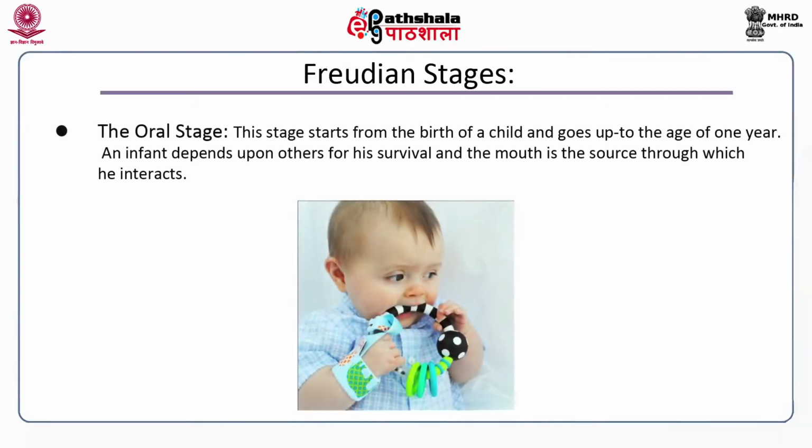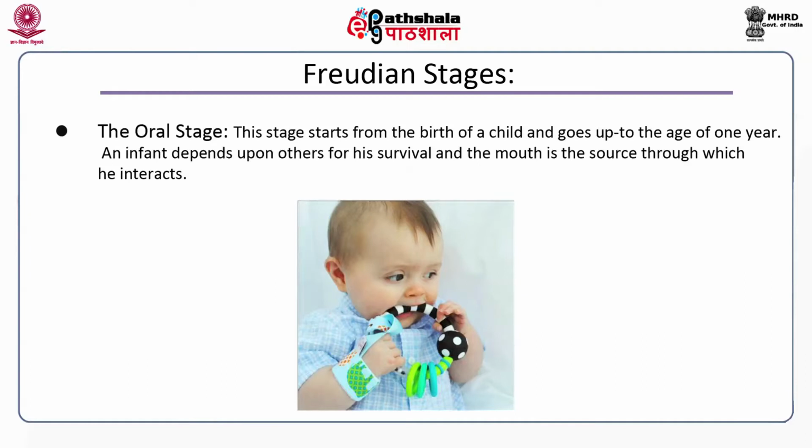Number 1, the oral stage. This stage starts from the birth of a child and goes up to the age of 1 year. An infant depends upon others for his survival, and the mouth is the source through which he interacts.